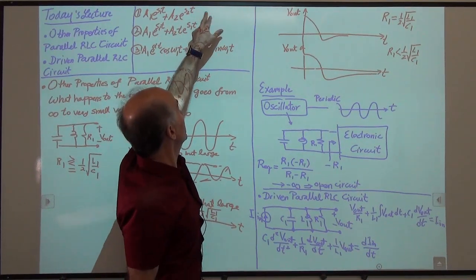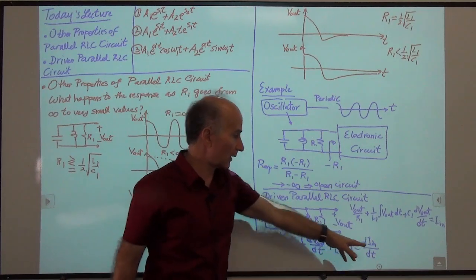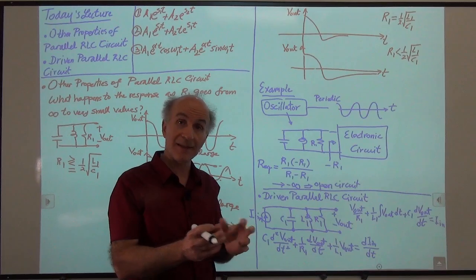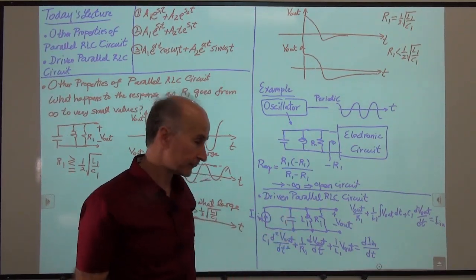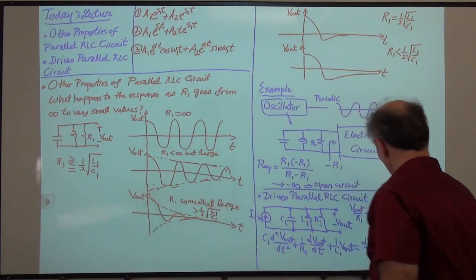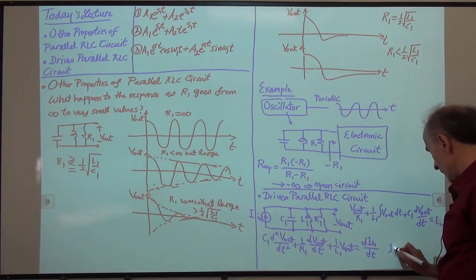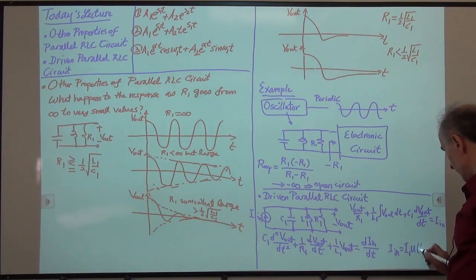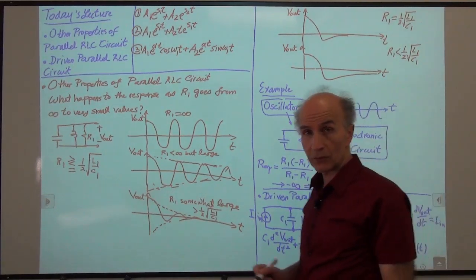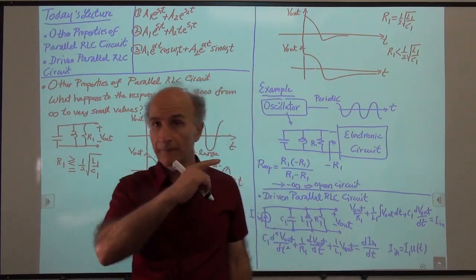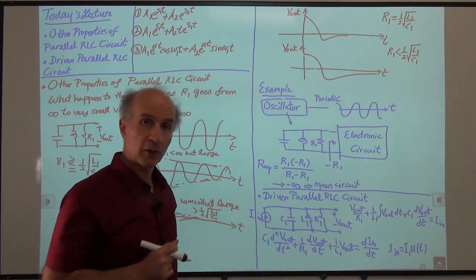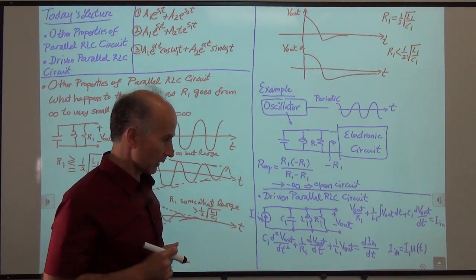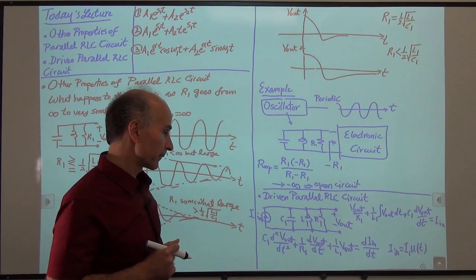There will be additional terms here representing what this I in is doing. So let's take a simple case where I in is a step and then see what happens. Okay, so we say I in is equal to I1 u of t. So I in is 0 before time 0 and then jumps to I1 and stays at I1 from time 0 on. And we'd like to see how to solve this equation for that case.